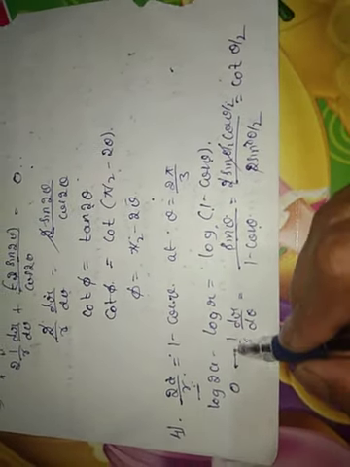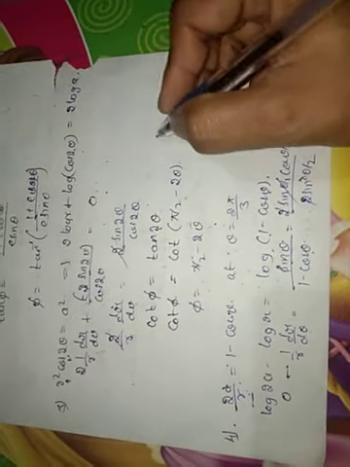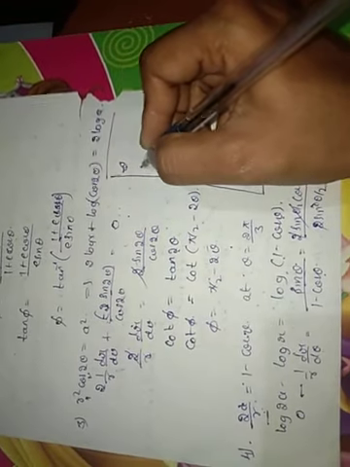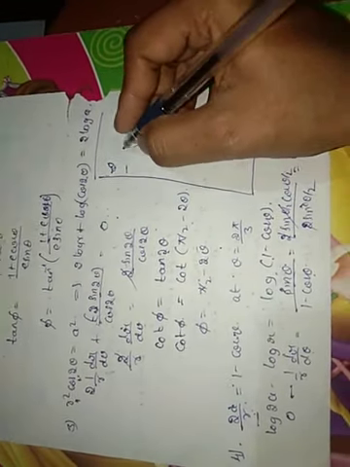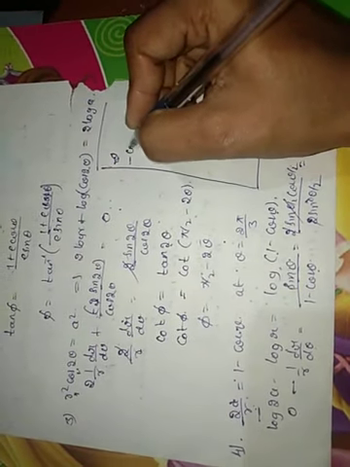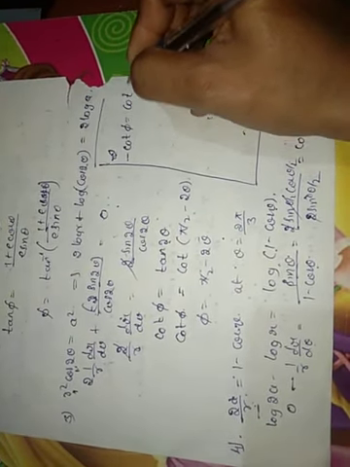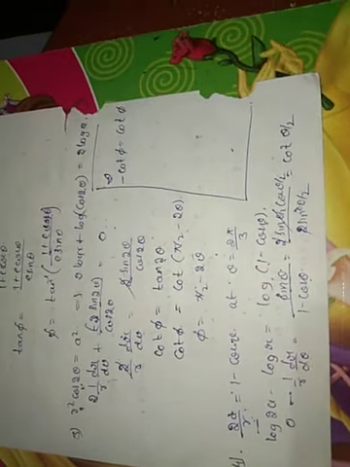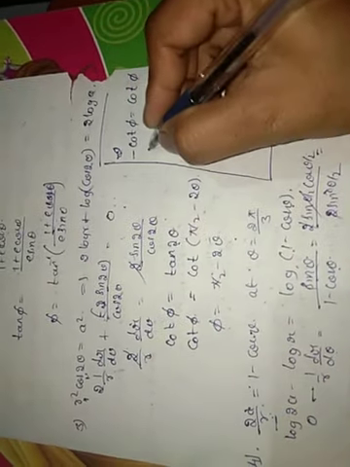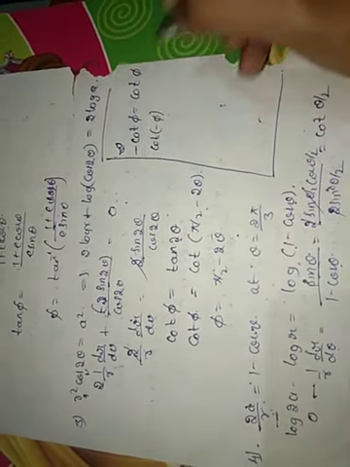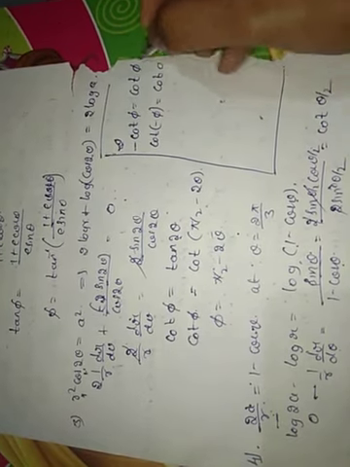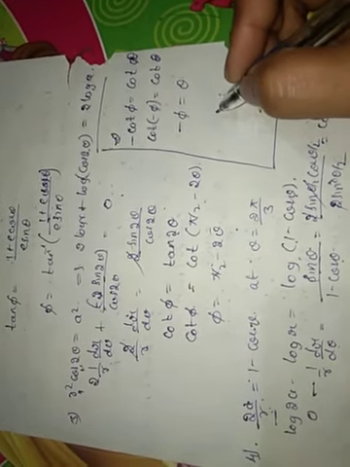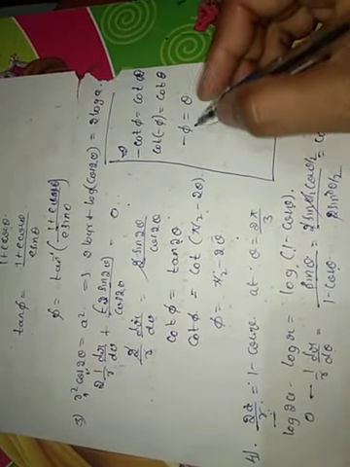Now by comparison, minus 1 by r dr by d theta can be replaced by minus cot phi equal to cot theta by 2.